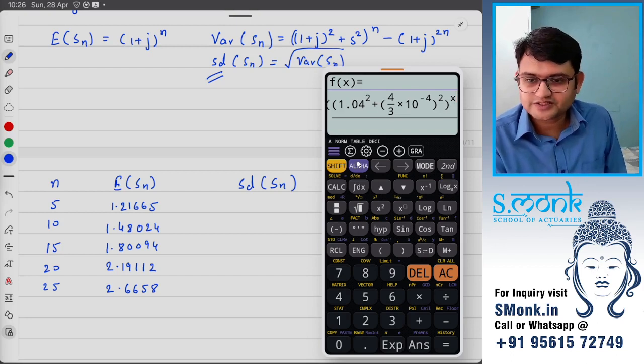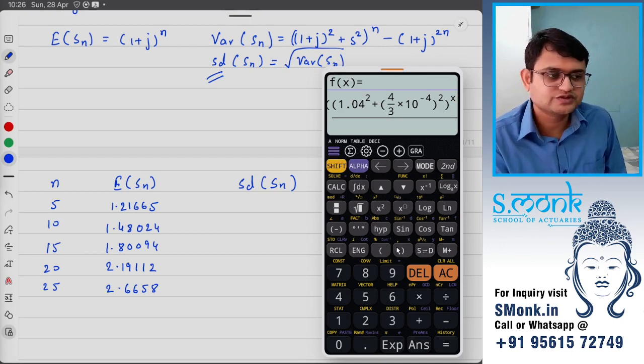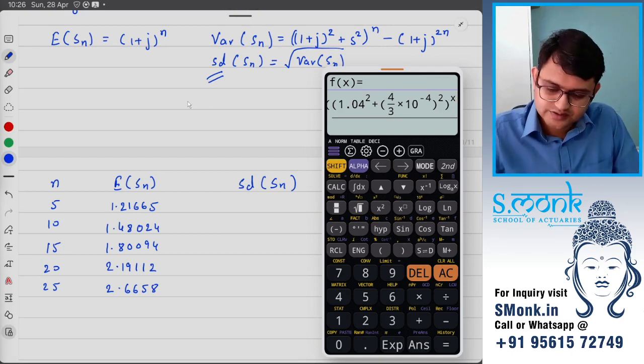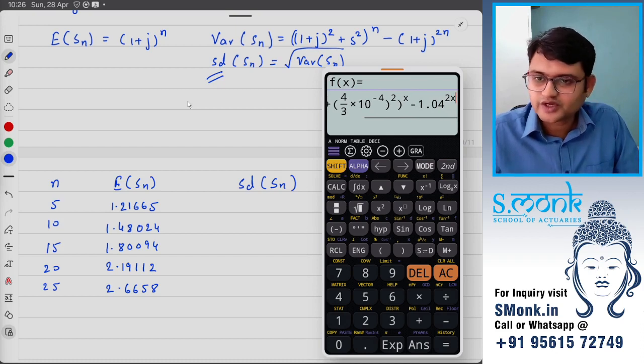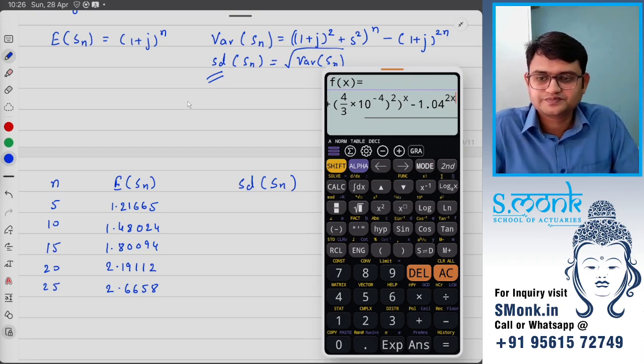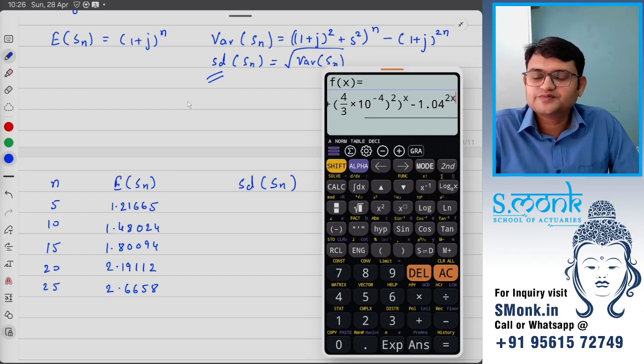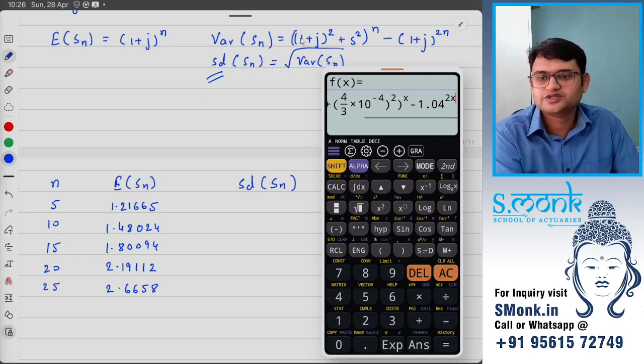So how do we make this x? Alpha and this closing bracket, you will find this x written in purple here. Alpha and closing bracket gives you x. Then come down, it's minus 1.04 raised to 2 times x. So again alpha and closing bracket. This becomes my equation.